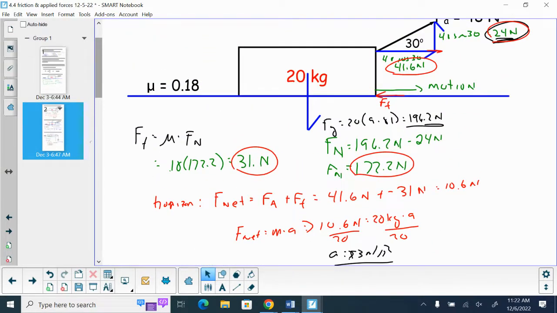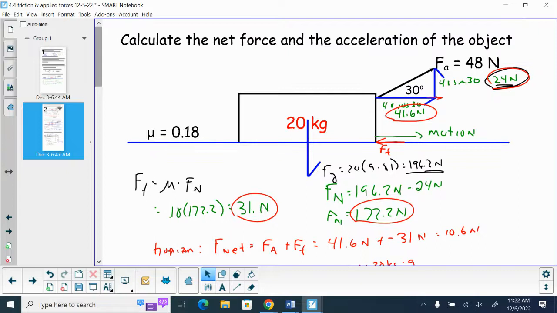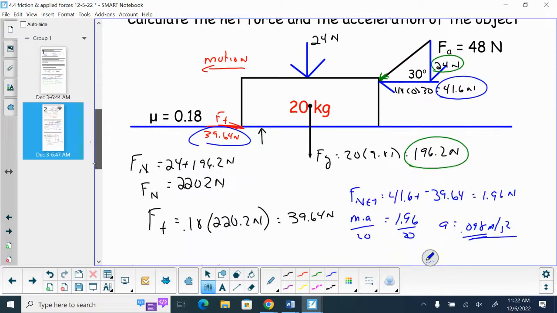This up here decreases because you're pulling upwards, at 24 newtons in the first one. So we have to decrease whatever our weight is here. So these are the different types of scenarios that we will work on and continue to go through.